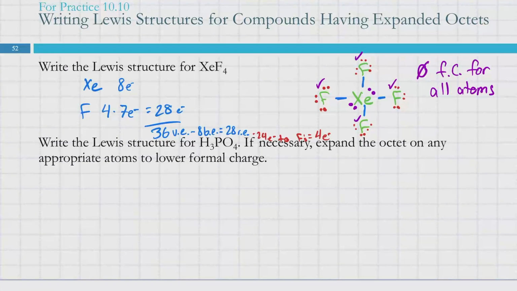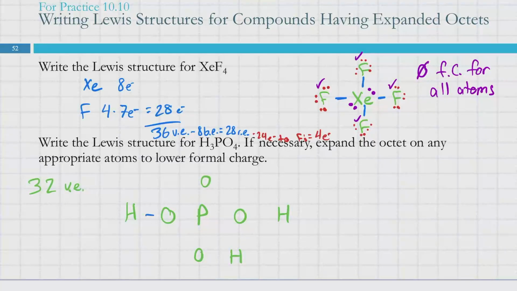Okay, and then a Lewis structure for phosphoric acid. We've got phosphorus in the middle, oxygens all around, hydrogens attached to 3 of them. We've got 32 valence electrons.